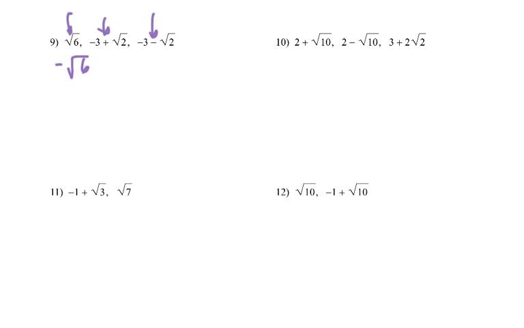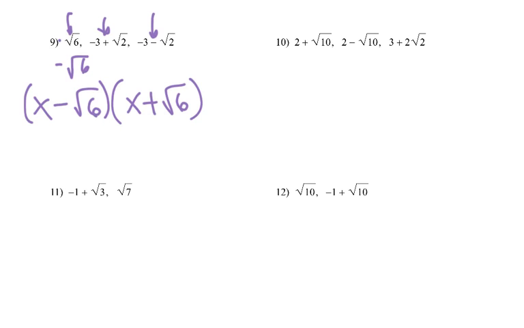So then, for the factors, it would be x minus the square root of 6 times x plus the square root of 6, for both of those. Then we have an x in front of these, so x minus 3 plus the square root of 2.